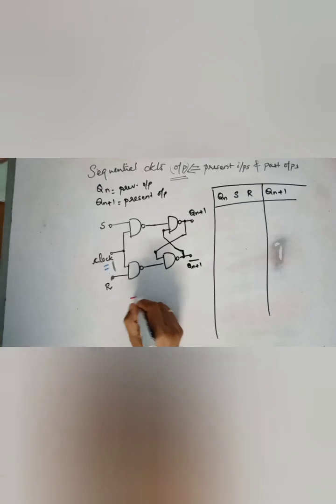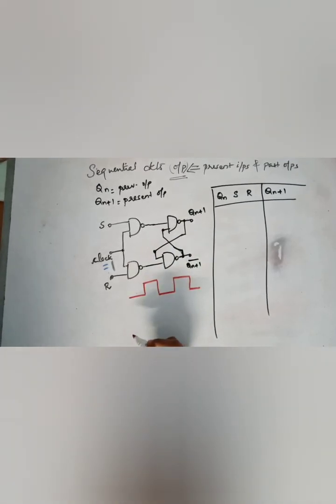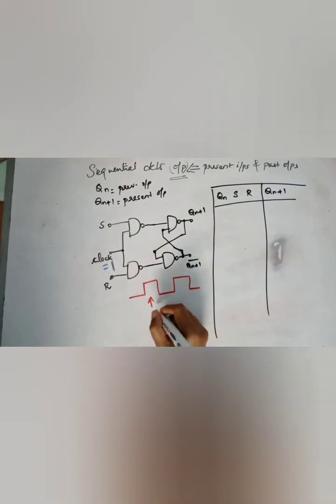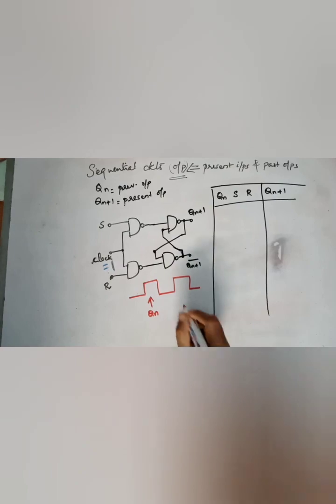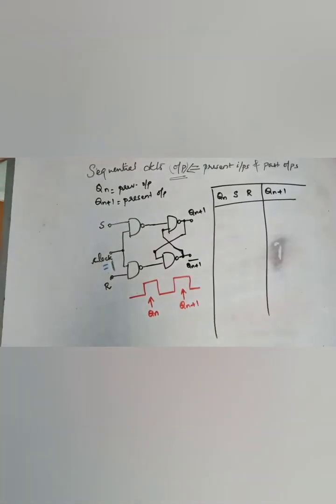So if these are my two clocks, at this particular time I get Qn, and at this particular time I get the Qn plus 1 output. So for the previous clock, what was the output?